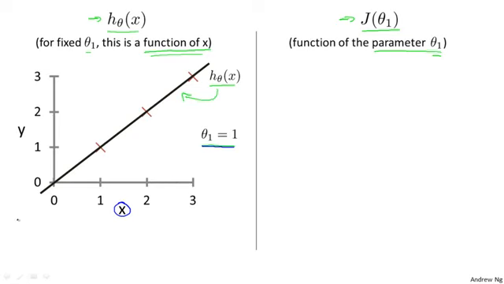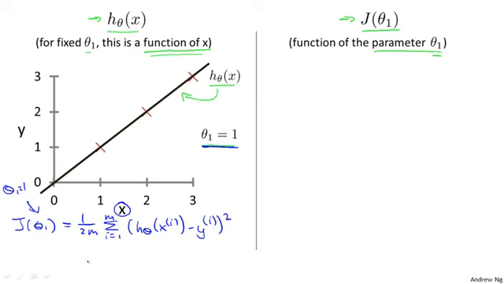Now, I've temporarily set theta 1 equals 1. What I want to do is figure out what j of theta 1 is when theta 1 equals 1. So let's go ahead and compute what the cost function is for the value 1. Well, as usual, my cost function is defined as follows: sum over my training set of this usual squared error term.